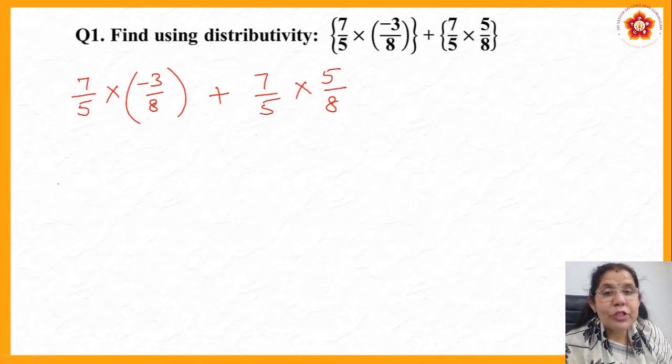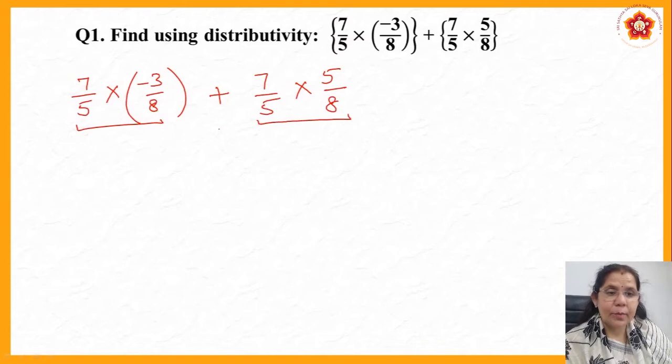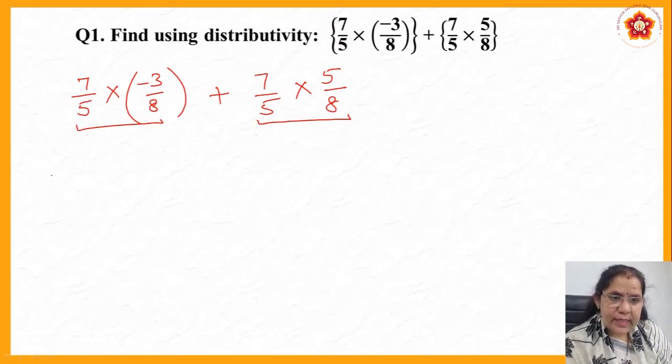And we have to use distributive property here. So first see what is common, which rational number is common in both the terms. This is our first term and this one is our second term. Which rational number is common in both the terms? So it is 7 upon 5 is common in both the terms.